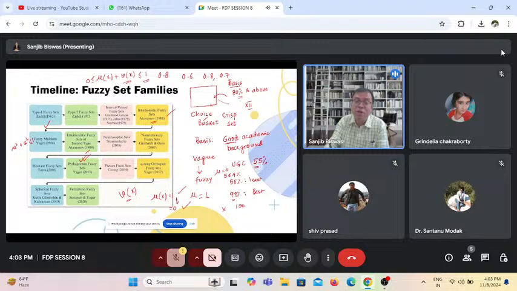So people go for a generalized version, which is called Q-rung orthopair fuzzy, that is mu to the power q plus v to the power q should be less than or equal to 1. So I set the value of q so that I have enough flexibility. And picture fuzzy and neutrosophic fuzzy sets have another membership function apart from mu.